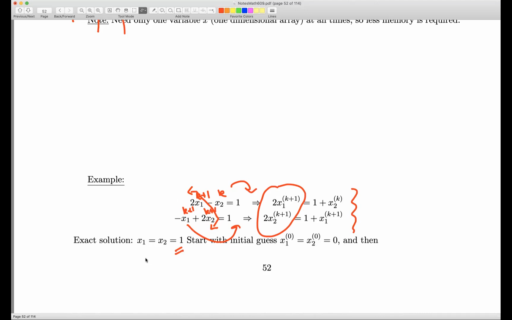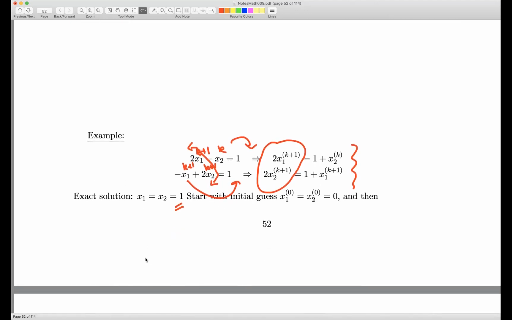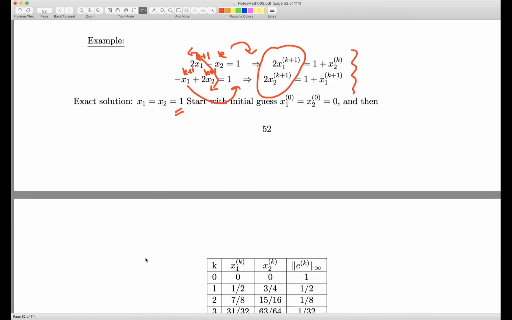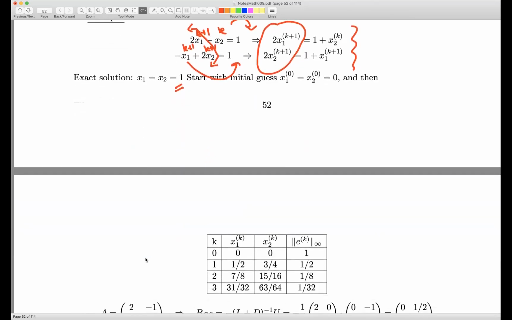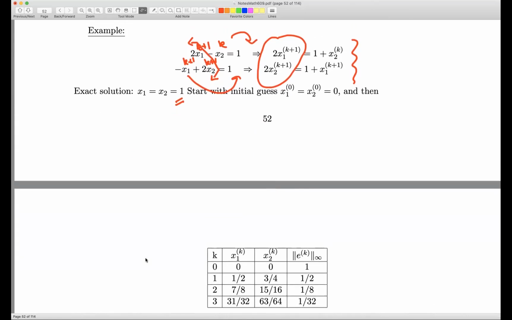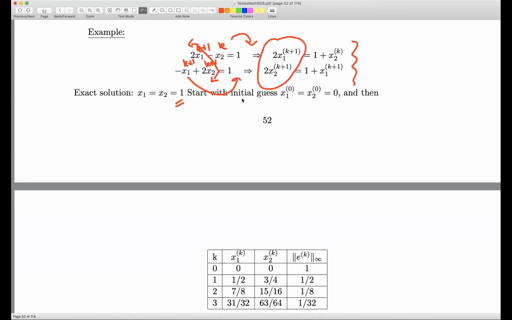We know that the exact solution is 1, 1. And if we start with initial guess 0, 0, we can fill in the same table as before. So here we will have 2x1,1 is equal to 1. So from here we'll get that x1,1 is equal to a half.